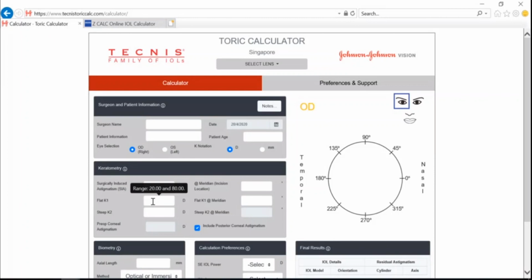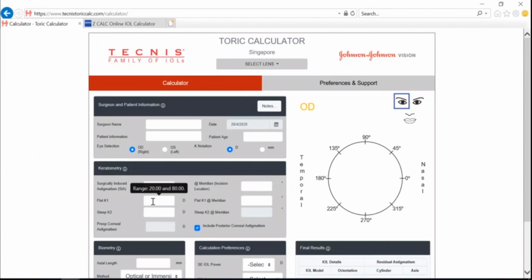Some instruments, like I said earlier on, some OCT instruments like your IOL Master 700 do have the potential to measure posterior corneal astigmatism. Some Scheimpflug imaging instruments, like Pentacam or Galilei, can include posterior cornea, or some kind of topography, like the one from Bausch and Lomb, I think they're using, it's called the Xioptics.